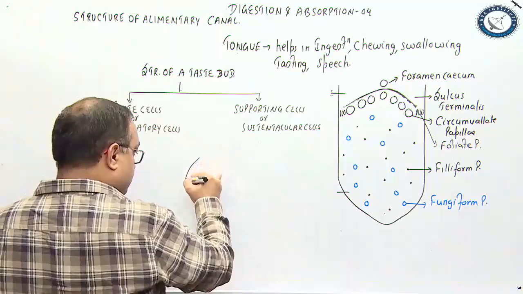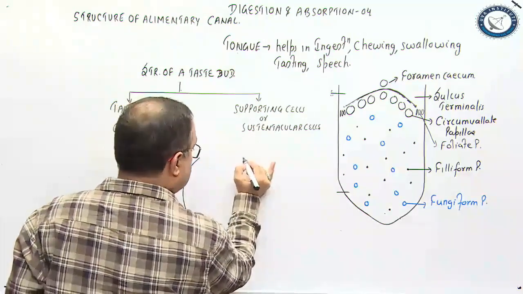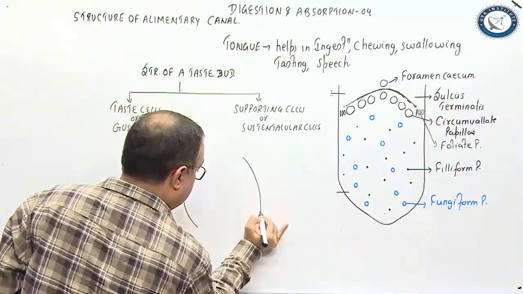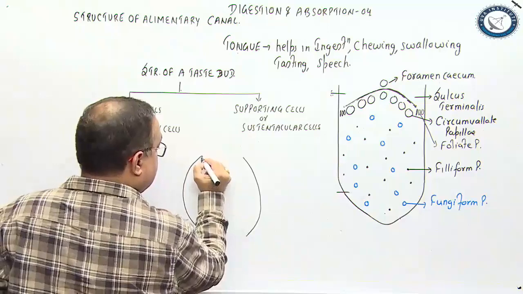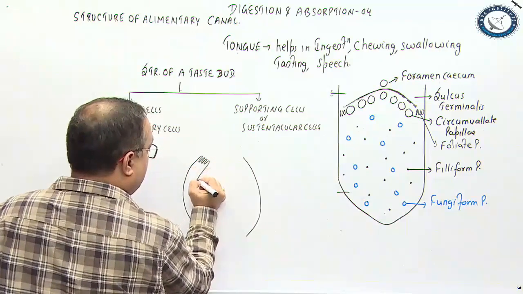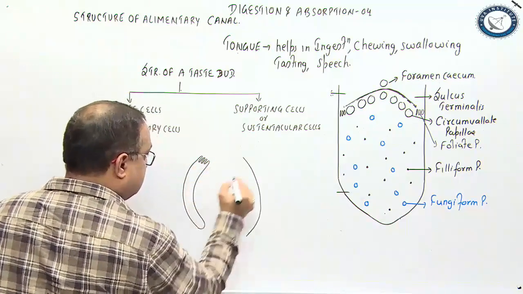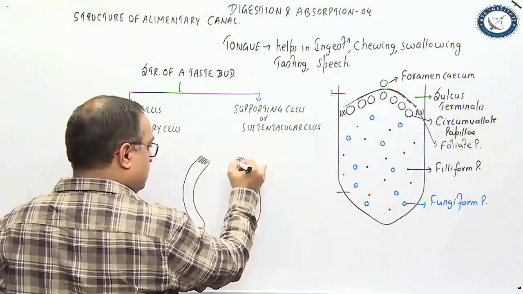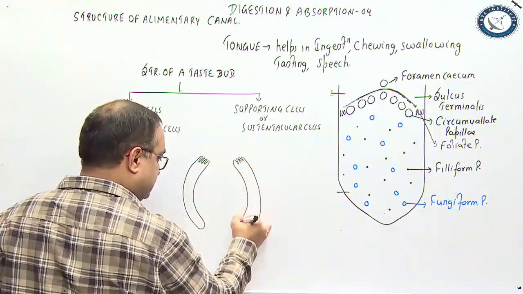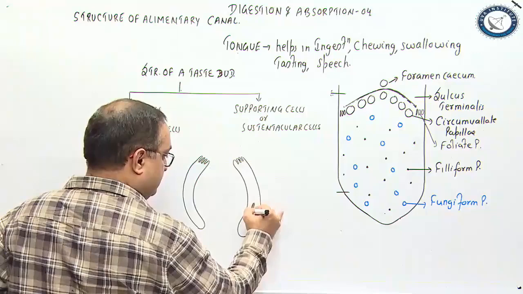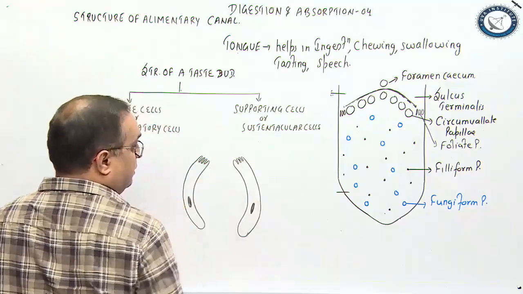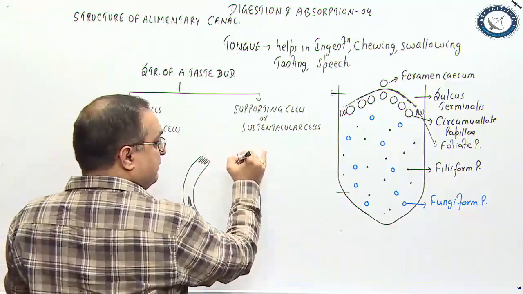Now, let me draw the structure of a taste bud. Say these are the taste cells. They are modified columnar epithelial cells. They are also called neuroepithelial cells. This is their nucleus. This apical surface is having what?